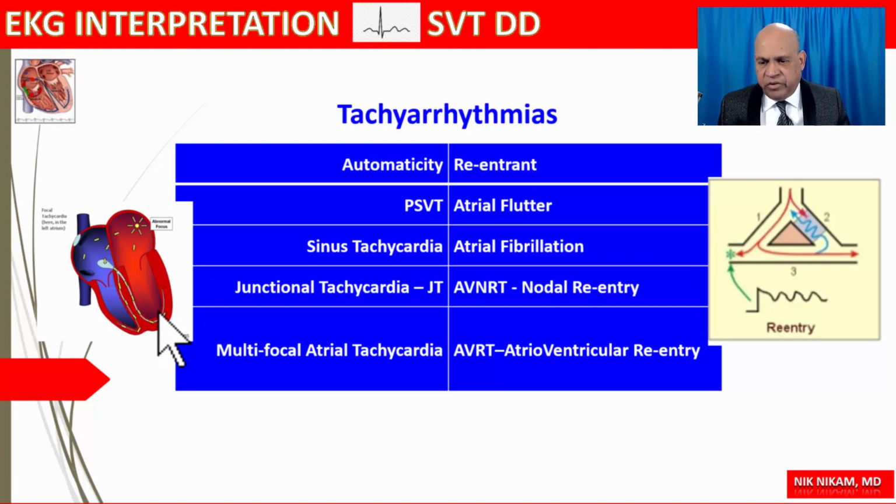Sometimes the impulses can go from the atria to the ventricles through other accessory pathways and create atrioventricular re-entry tachycardia. Some other examples include atrial flutter, atrial fibrillation, then we have the AV nodal re-entry tachycardia, and then atrioventricular re-entry tachycardia. We're going to look at each one of these examples and also talk about what is the best way to treat these various types of supraventricular arrhythmias.